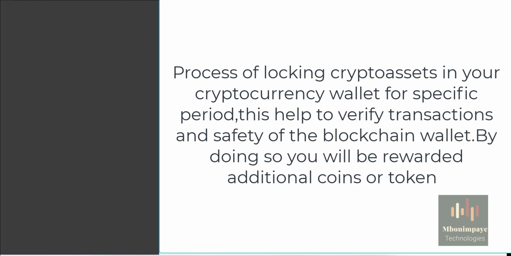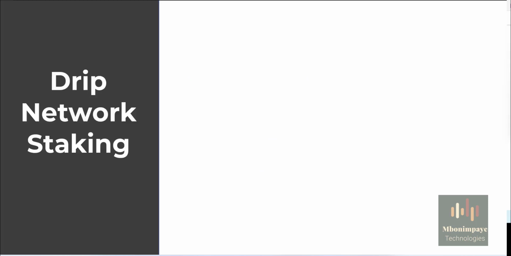So after understanding staking, now we're going to the next step, where we'll be checking different drip projects that use the staking opportunity. The first drip project is called Drip Network.